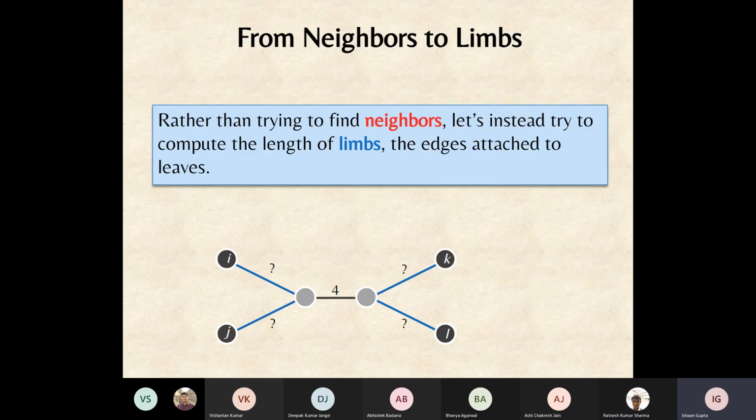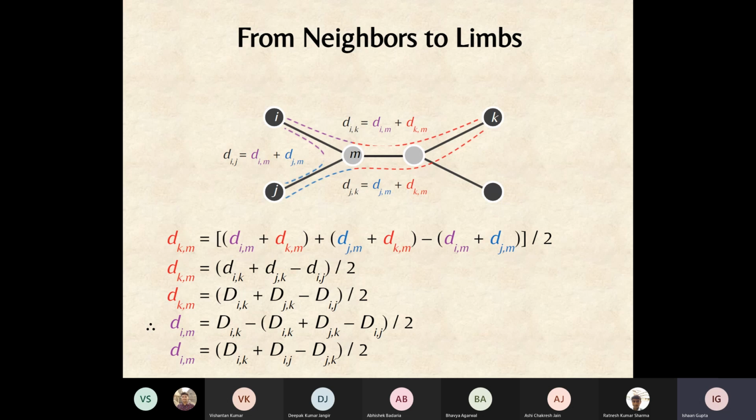So instead of looking at and trying to fit neighbors, we should modify our approach and compute the lengths of the limbs that would be found between two nodes. The idea is that you still have these same equations, but now instead of solving them based on the assumption that the nodes closest to each other have ancestral nodes, we are going to take all possible combinations of ancestral nodes.